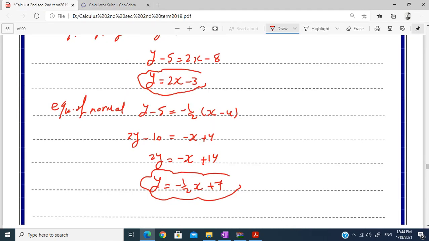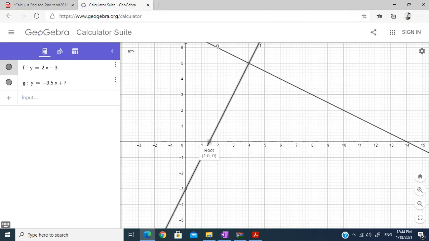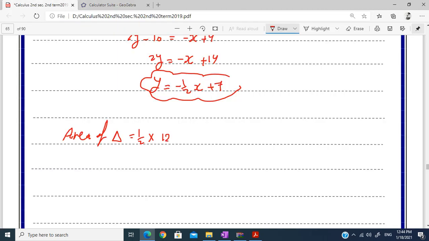So the area of the triangle equals half times 12.5 times 5.